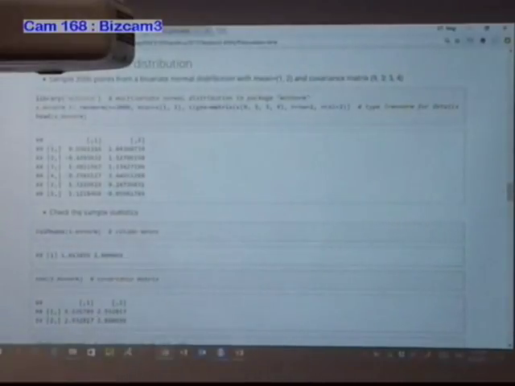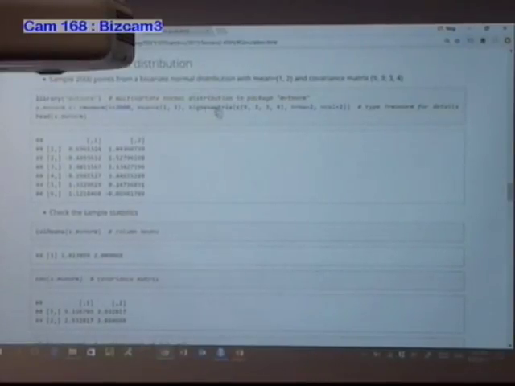And where did I do that? So I did that here. So I want 2,000 multivariate normal random variables. And keep in mind, every data point here is a pair of two numbers, right? Google and Apple. Each row is one data point. And their mean is a vector of two numbers.